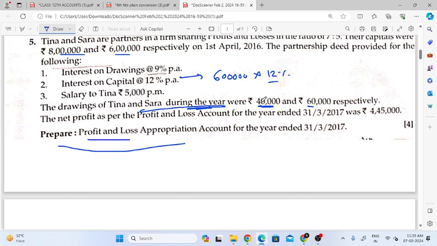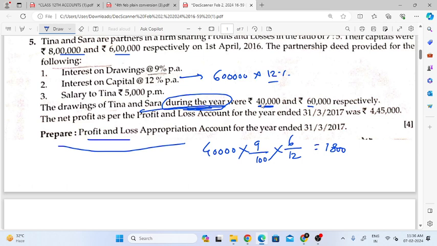So how will we calculate? 40,000 multiplied by the interest they have given on drawings, 9%. So it's 9 divided by 100 multiplied by the time during the year. When the question says during the year, you have to take 6 upon 12. So the answer will be 40,000 multiplied by 9 divided by 100 into 6 divided by 12, which is 1,800 for Tina.